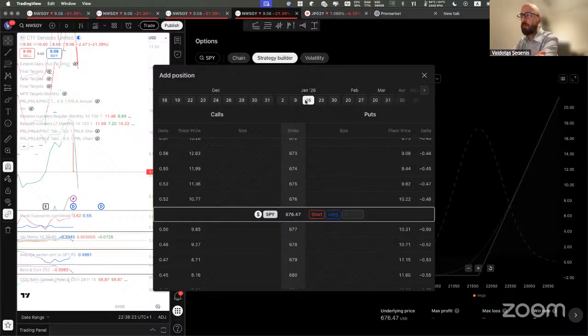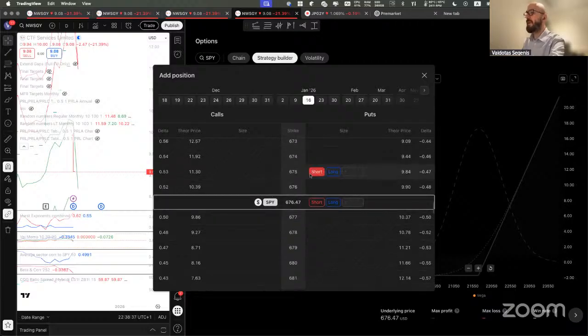And the first bullish example will be, of course, a vertical call spread or bull call spread. There are many examples, but let's say we think that currently SPY is trading at 676. Let's say we think that in the next month or two, it should go to 685.